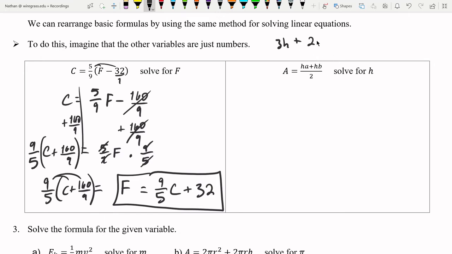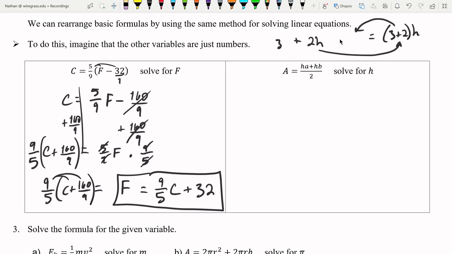So that would be 2h. Well, 3h plus 2h, this is just 5h. But you did that by thinking of it as 3 plus 2 times h. That's really what we're doing there, is we are combining like terms using this method, and 3 plus 2 is 5.